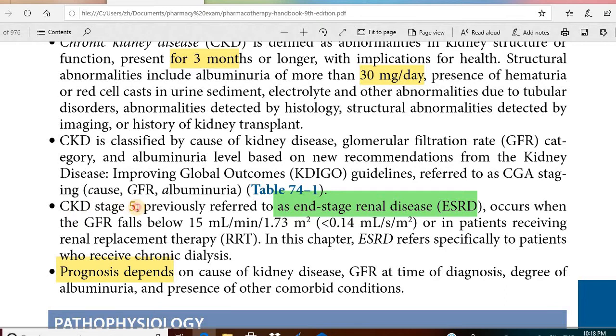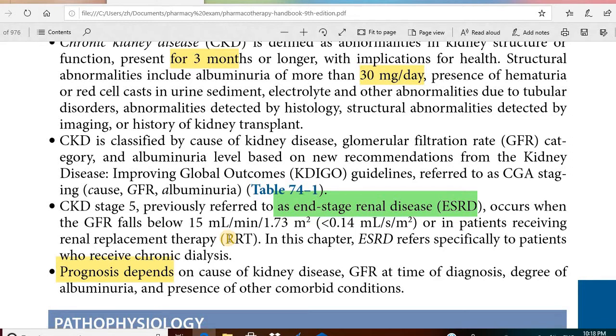And the important point is stage 5 CKD, previously referred to as end stage renal disease. So stage 5 is the end stage renal disease, which occurs when the GFR falls below 15 ml per minute. So the important thing is when the GFR gets low and reaches 15 ml, then it leads to end stage renal disease, or in patients receiving renal replacement therapy.